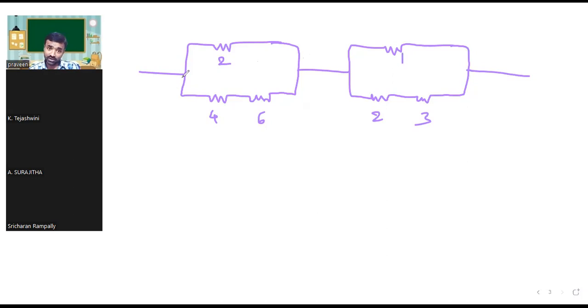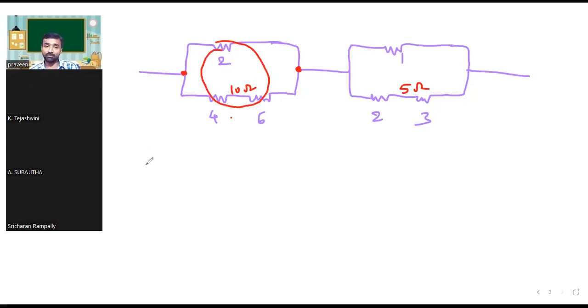These two are connected in the same branch between the junctions, right? So they are said to be in series combination. So here you will get the equivalent resistance, right? The equivalent resistance is 10 ohms. Here is 5 ohms. Then here 2 and 10 are in parallel combination.